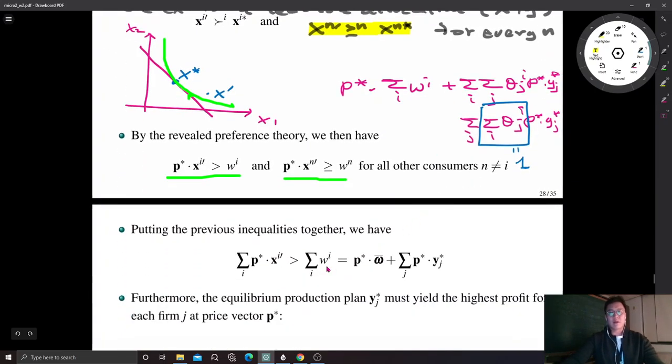So we can write the total wealth as P star dot, this is not W but omega i, consumer i's total endowment, which is omega bar, the total endowment, plus the total profit accruing to every firm j.